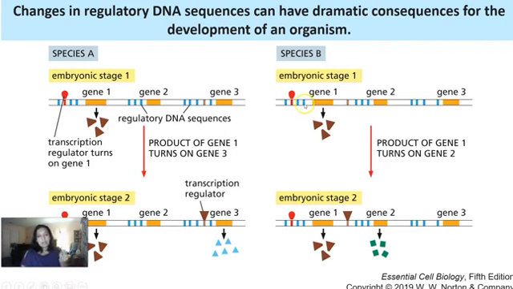However, in species B, you have the same transcriptional regulator that turns on gene 1, but this time, because of the way the mutations have happened, gene 3 is actually missing that regulatory DNA sequence that allows this transcriptional regulator, the gene 1 product, to bind to it.